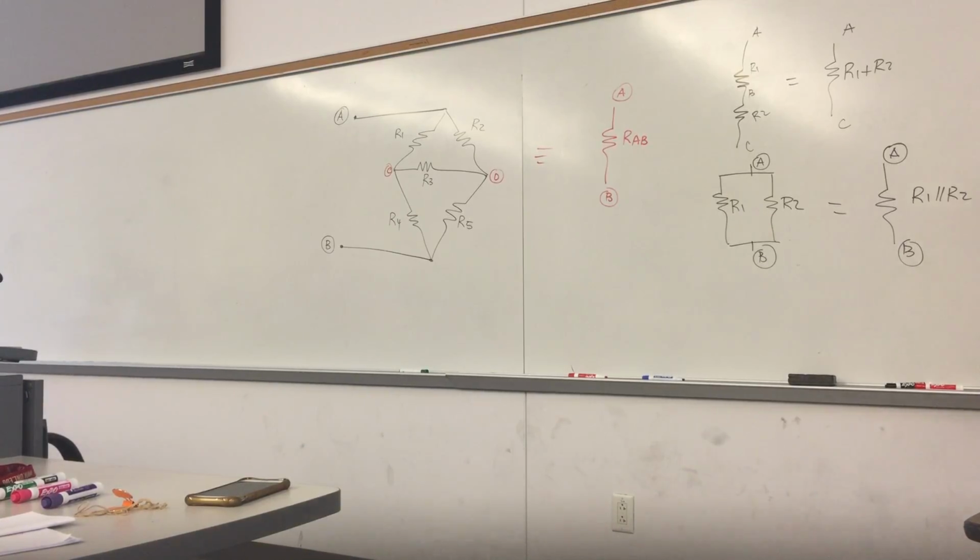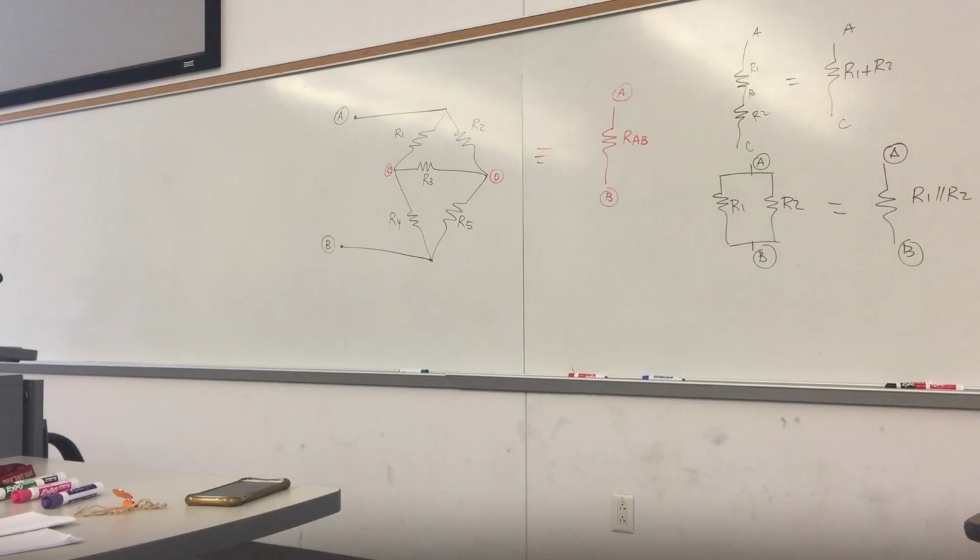Well, actually, I think I'm using ABCs for this one. A, B, C. So I have this circuit, okay, and having this A, having this B, having that C, R1, R2, R3.